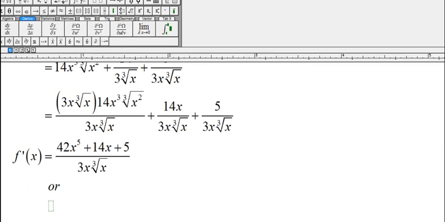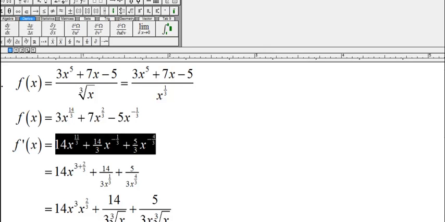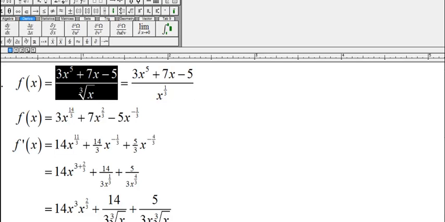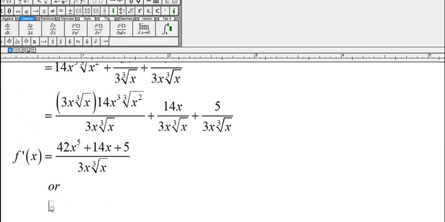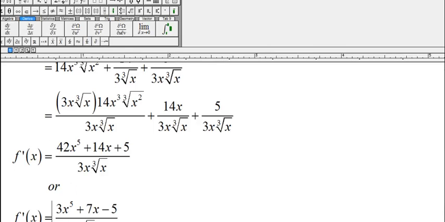We'll see how we might have done it that way. Actually, we had the derivative right here. The rest was just manipulating the form around. But what if we have this right here, and we want to do it with the quotient rule? So we want the derivative of this.